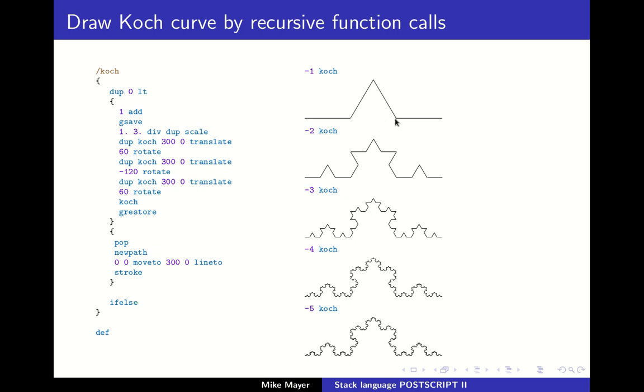the middle segment of a straight line and replace it with the upward part of the triangle. If we use Koch with a -2, then we do this replacement operation 2 times. So we see also for all of these segments we have the replacement, and so on and so on. And there we can approach the final Koch curve, where this should be actually -infinity, which is not, of course, feasible in a computer program, but we can approach it.